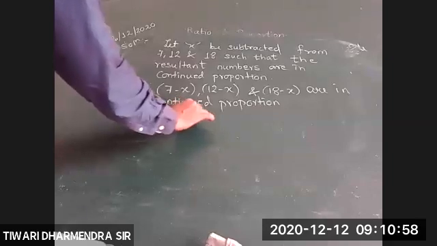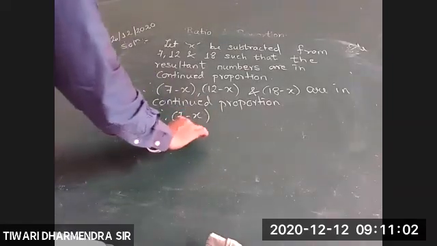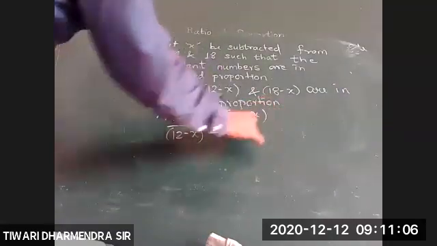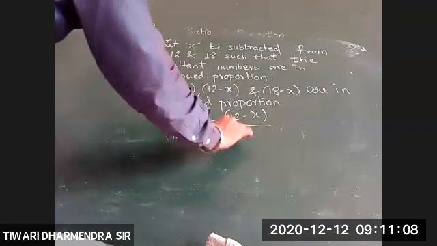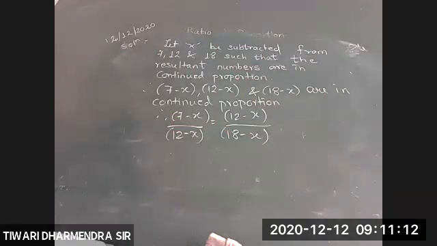Therefore, from this we get 7 minus x upon 12 minus x is equal to 12 minus x upon 18 minus x. So just take the denominators to their opposite positions.